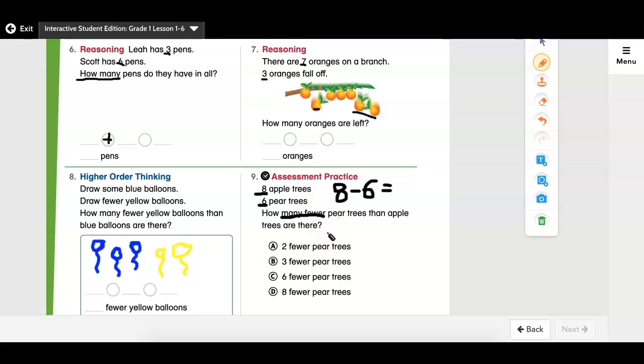So how many fewer is how our answer is worded. How many fewer pear trees than apple trees are there? So 8 minus 6 would give us our answer, and then you would bubble in the correct answer for number 9.